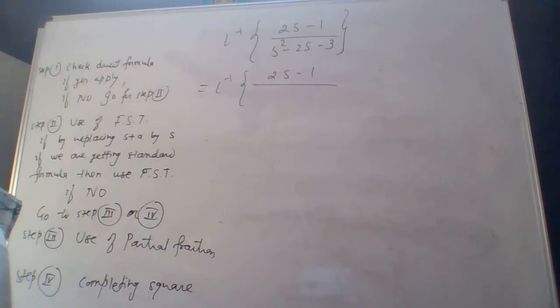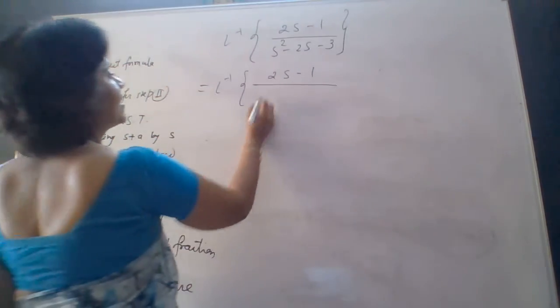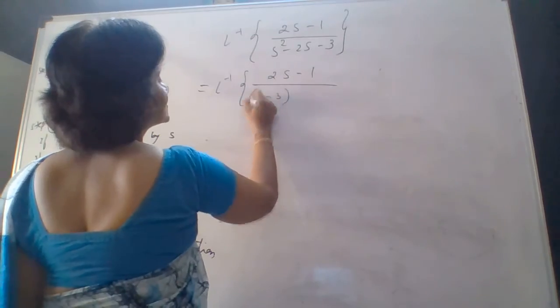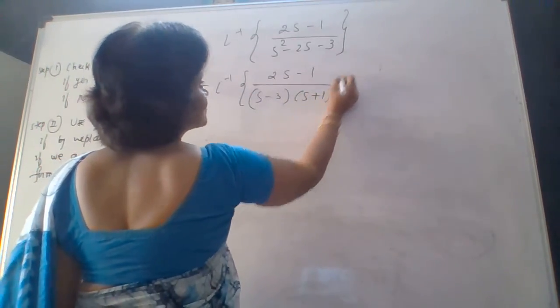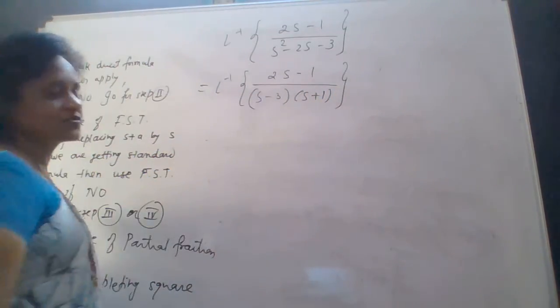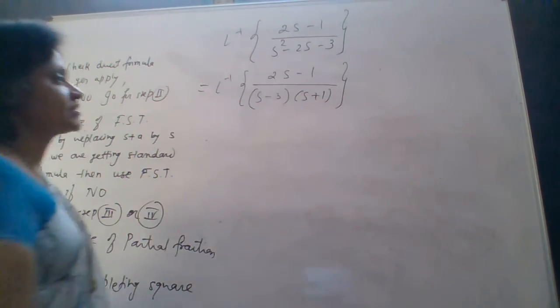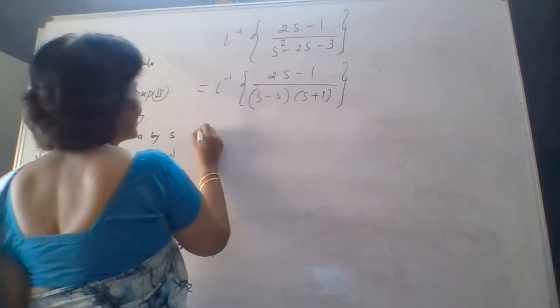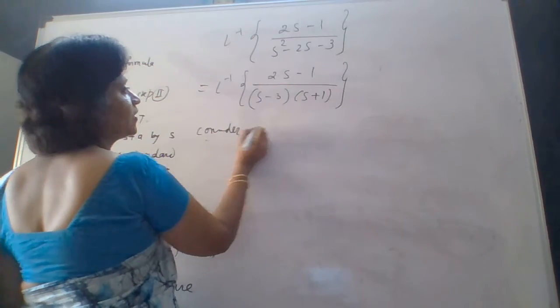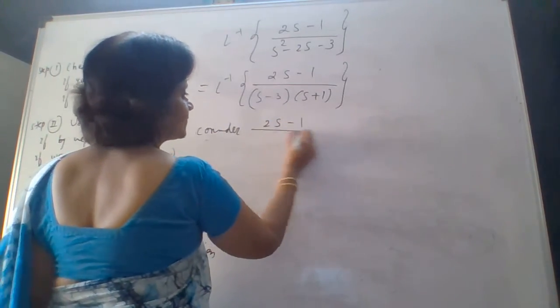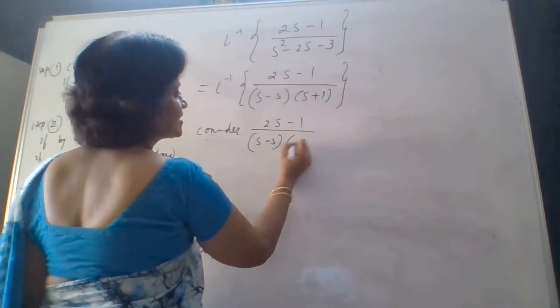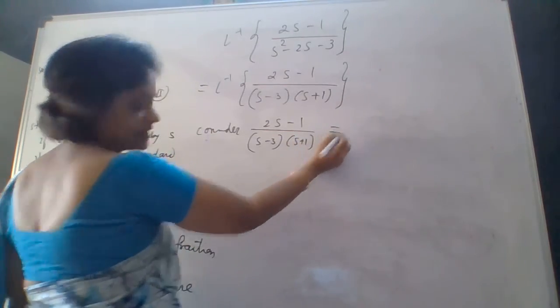So how will I go for partial fraction? What I will have here is (s minus 3) into (s plus 1) in the denominator. I don't think I have to explain the fractions. Now we have to go for partial fraction, with (s minus 3) into (s plus 1).